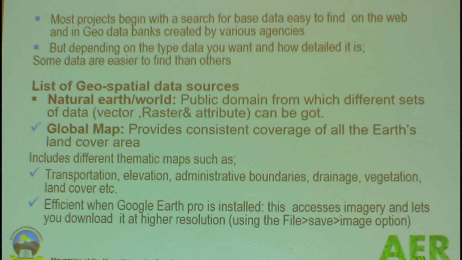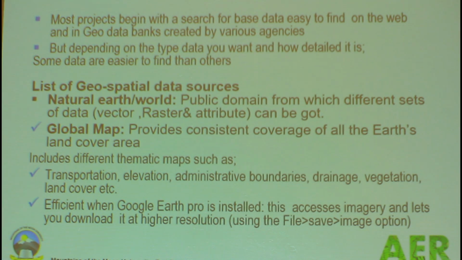Of course, from the public domain and different sets of data, you can get vector data, you can take images, which we call raster data, and attribute data. You can record information about different features in the real world that you are interested in. There are also global maps that provide consistent coverage of the whole Earth, in terms of land cover but also other features.